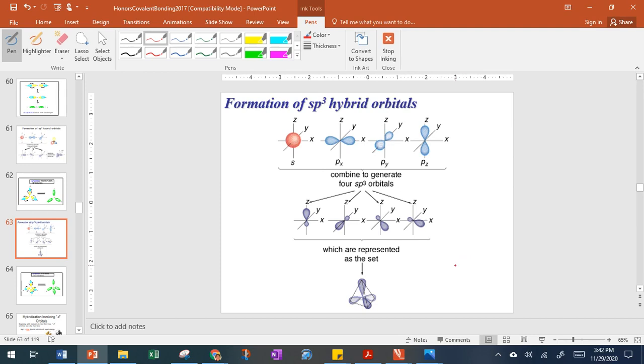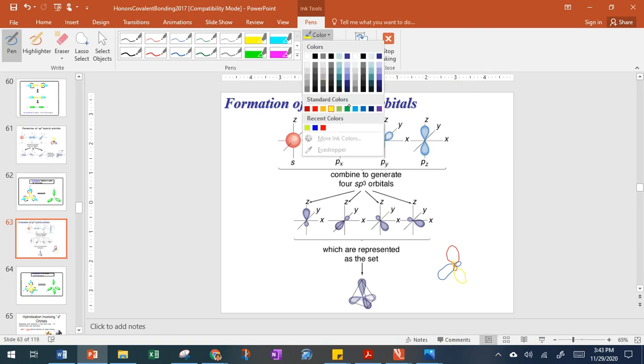So here you can imagine we have one sp3 hybrid orbital, and then we have another hybrid orbital, and I'm going to do one in yellow, and then I'm going to do one in green.